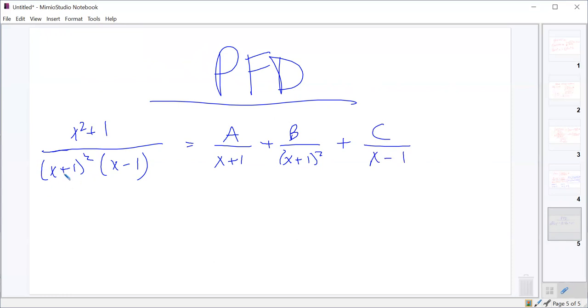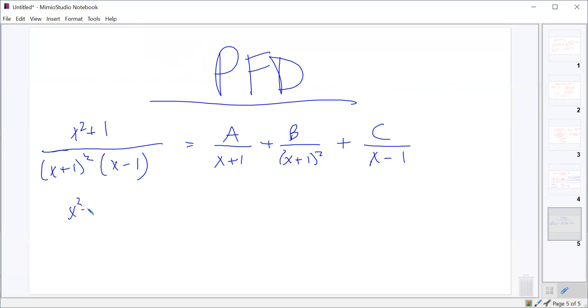We have a linear factor of x plus 1 that is repeated, so it gets two different instances of a constant, a over the first power and b over the second power. If it was a third power, we'd also have plus c over the third power. Since x minus 1 is also linear, it just gets a constant.